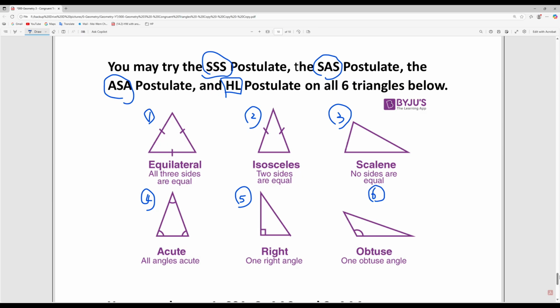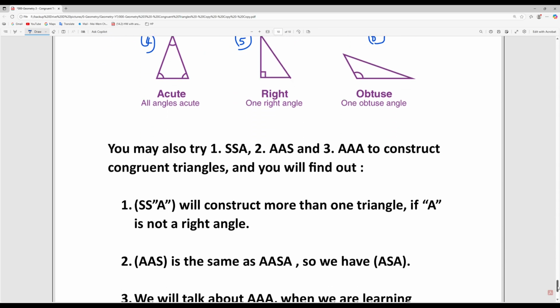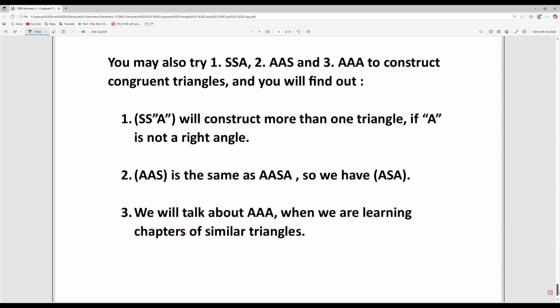Okay, and HL only applies when you have a 90° right triangle. Now next, we have some questions for you to end this video.